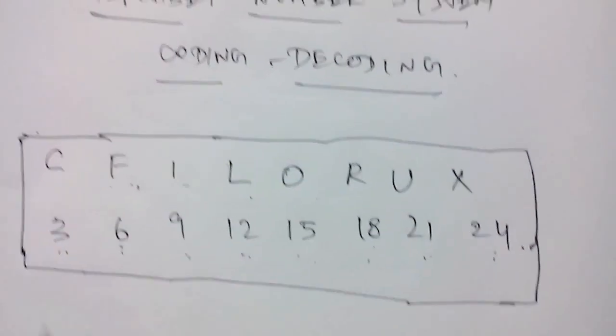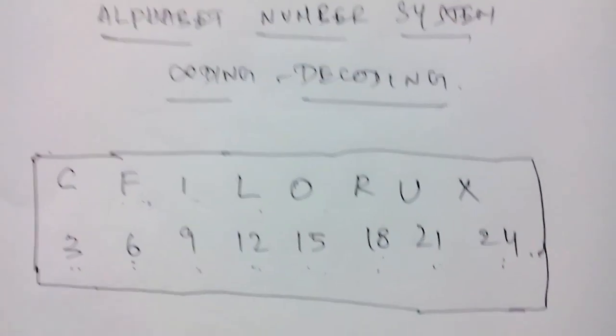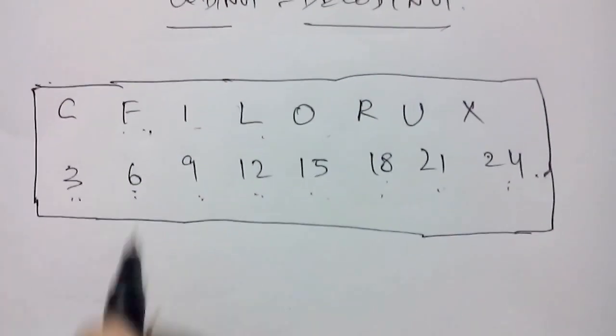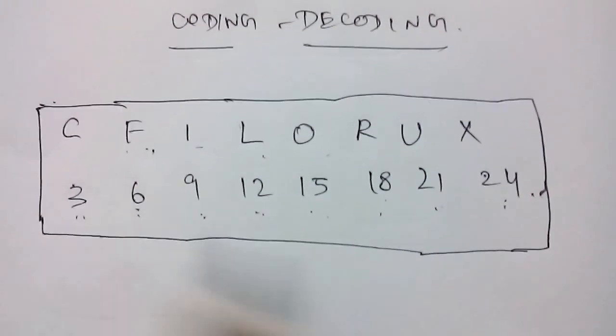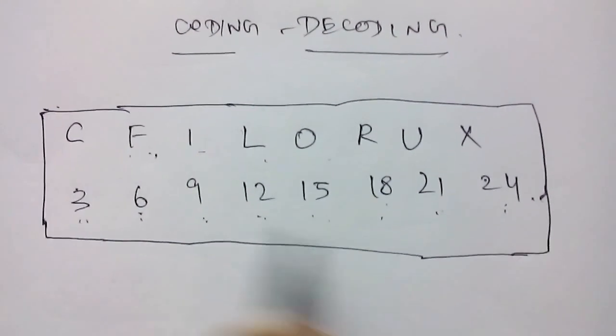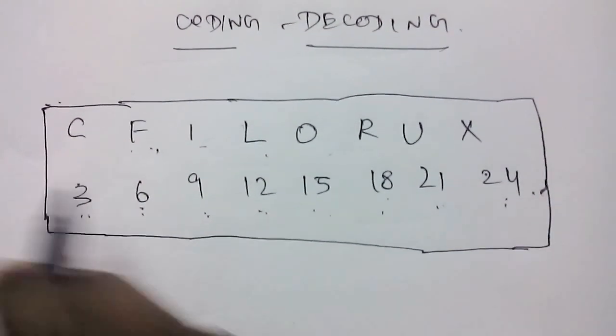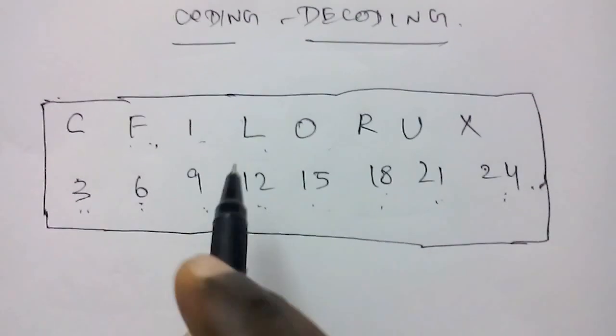Okay. Now, for example, if you want to know the position of any alphabet between A to Z, you need to just write down this small trick.